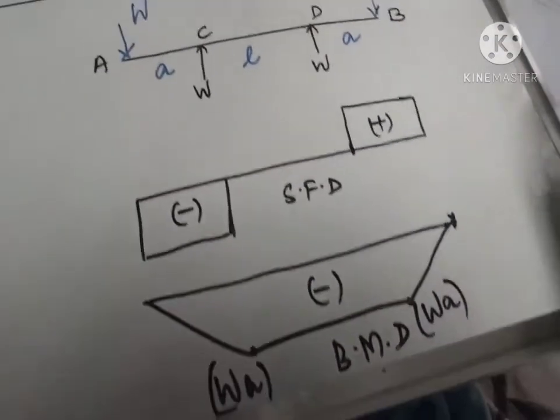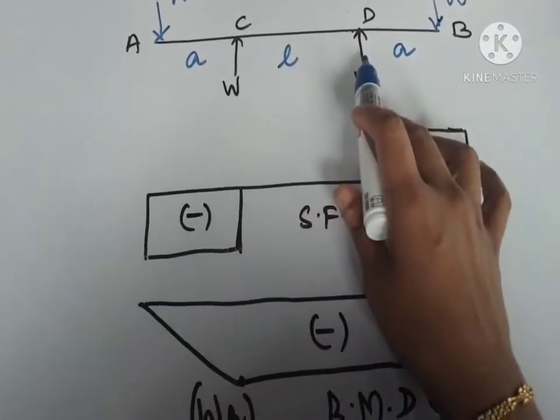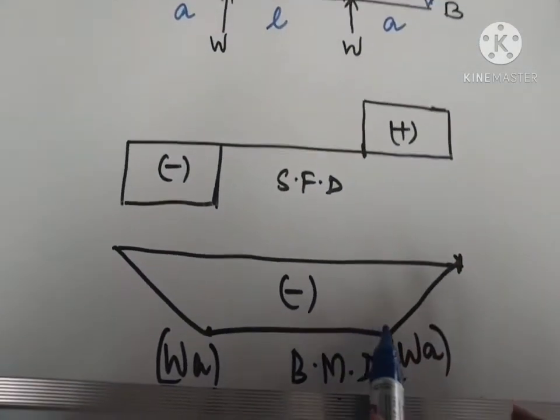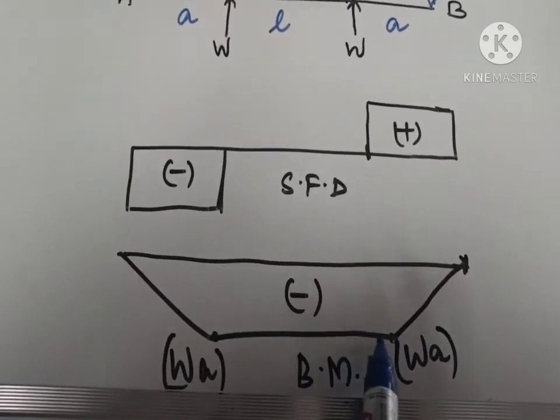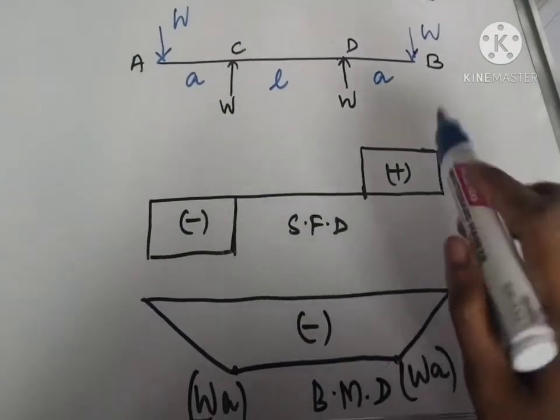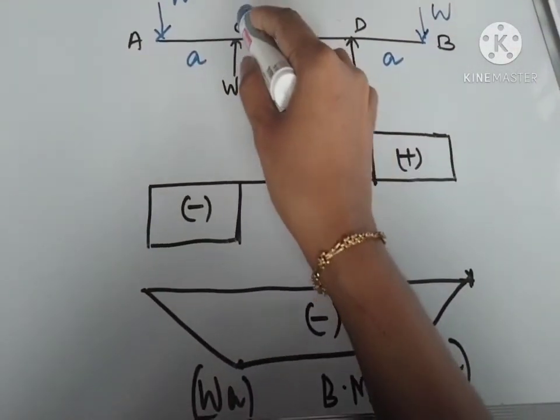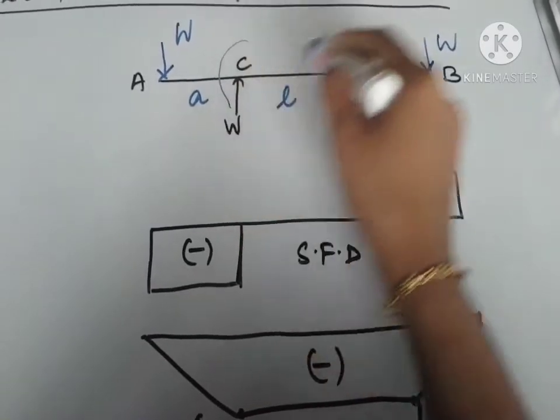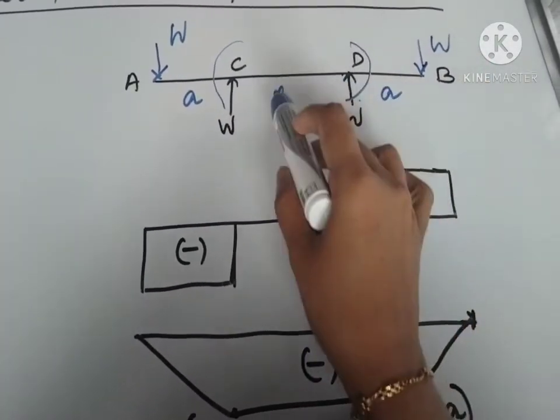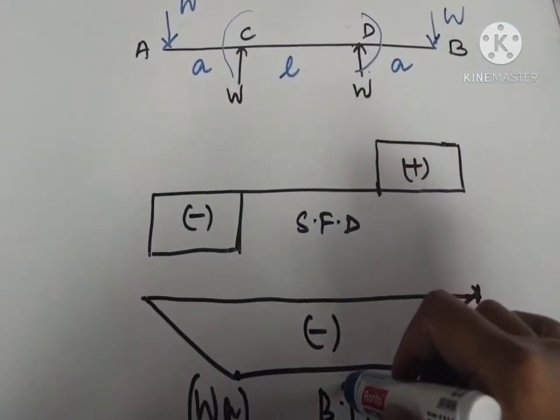In the portion between C and D, the shear force is 0 and the bending moment is constant. Bending moment is not varying. This case is referred to as simple bending. The portion between C and D is referred to as simple bending, because there the shear force is 0 and the bending moment is constant.